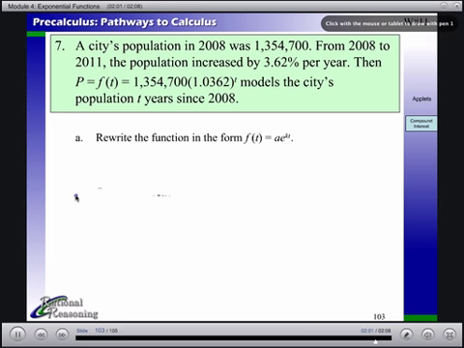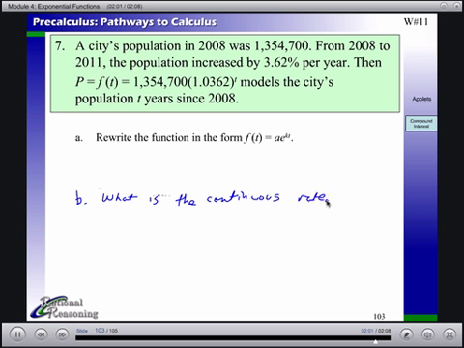Make part B: what is the continuous rate, the actual rate of growth, and the 1-year growth factor?